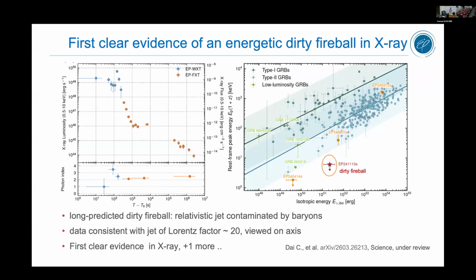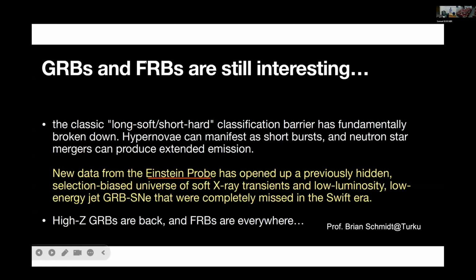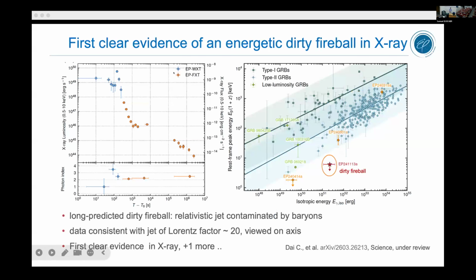And the last one for the fast X-ray transients is EP241113A, which we think is the first clear evidence of an energetic dirty fireball in X-ray. If we check the X-ray light curve, it has a steep decay and a plateau, and then there's a break and it goes to another decay.